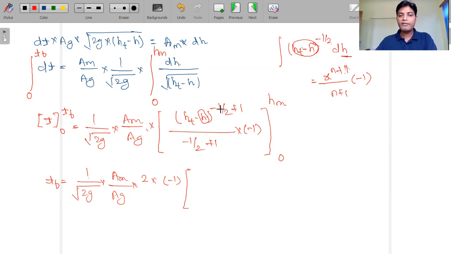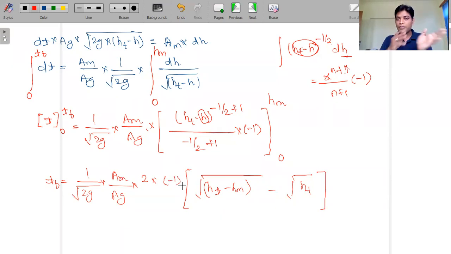So this will be 1 by 2 minus 1 by 2 plus 1, so this will become root of (ht minus hm). When you put the bottom value, h becomes 0, so this is minus root ht. The minus sign is outside, so just multiply it.